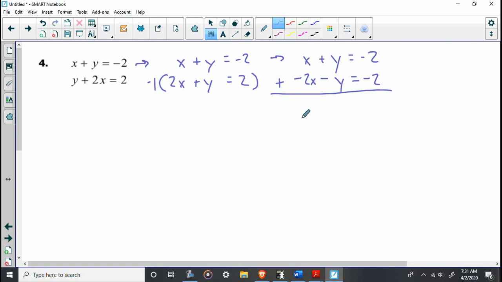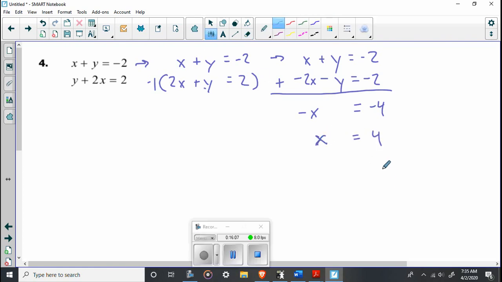X minus 2x is going to be -1x. These eliminate, and this will become negative 4. Well, negative x equals negative 4, then positive x. Okay, sorry. So x is equal to 4, so we're going to go ahead and plug that back into either one of these equations. I'm going to say the first one.